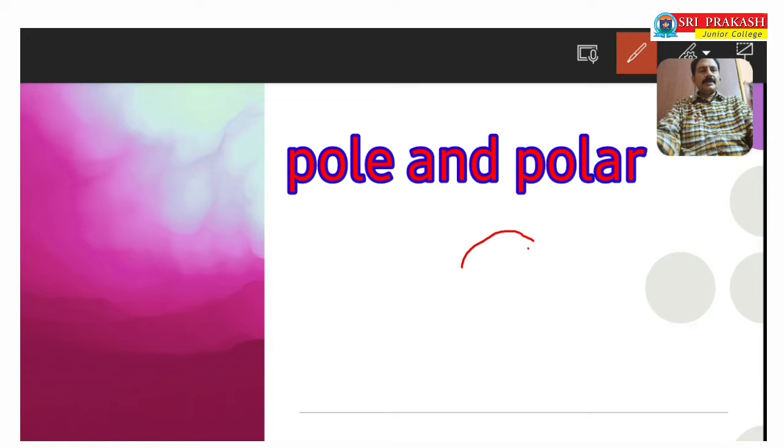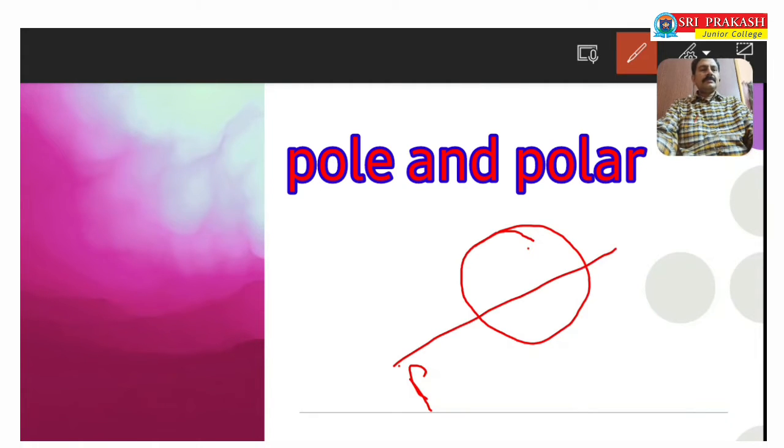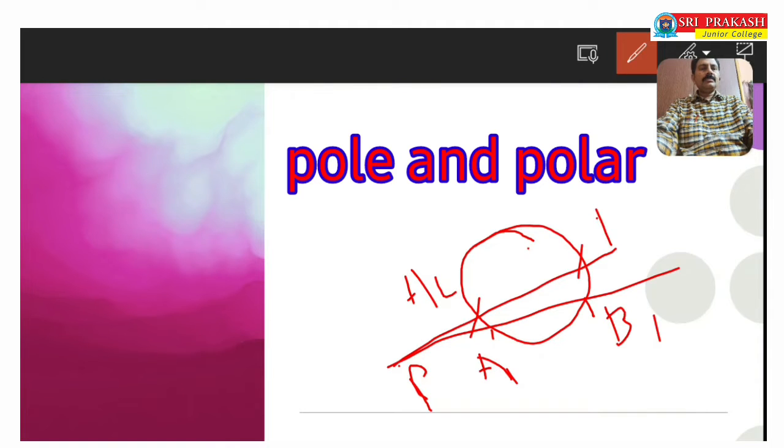For example, take one circle and P is any point taken outside the circle. Through P we can draw secant lines like this. They meet the circle at two different points. So this point is A1 and this point is B1, and this is A2 and B2.